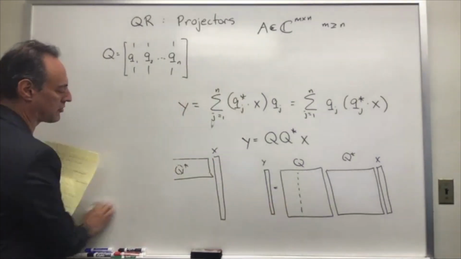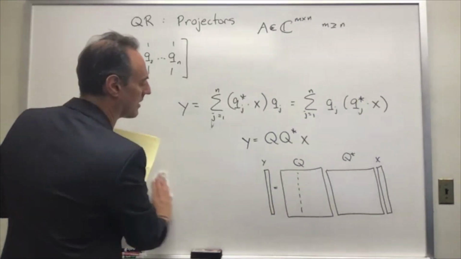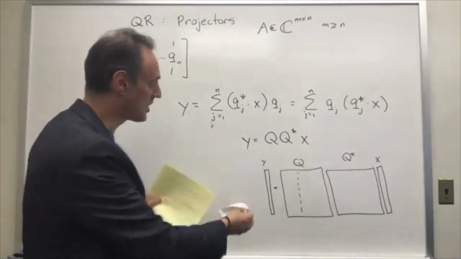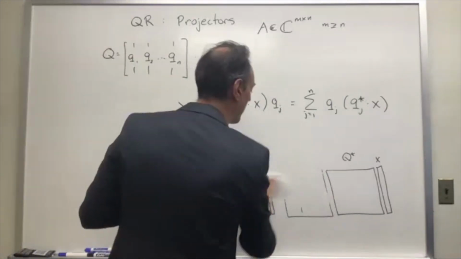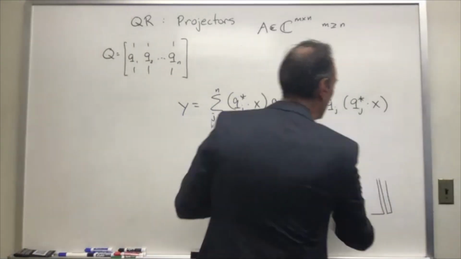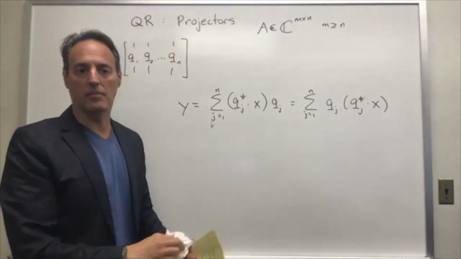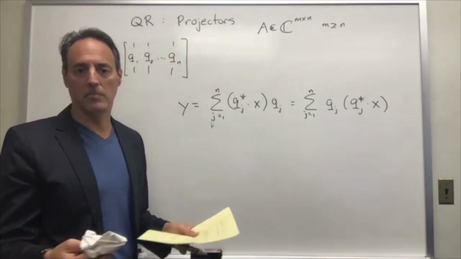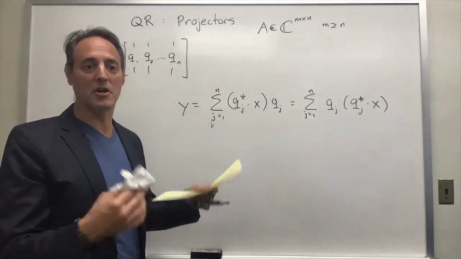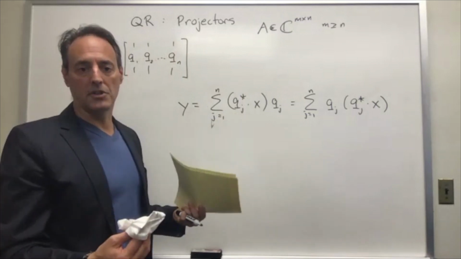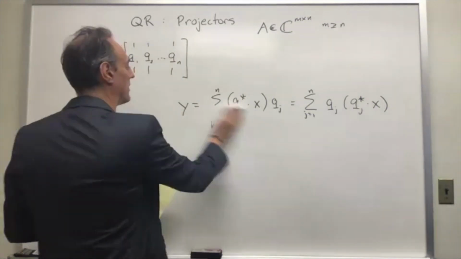I like these pictures, by the way, because we've been drawing them for the SVD, we've been drawing them for QR, we've been drawing them here as projectors, and so it's a good way for you to start thinking about linear algebra manipulations, and in particular matrix computations, and that's of course why this applied linear algebra course exists. It's all about how you put this in terms of linear algebra operations to compute things like this Gram-Schmidt.